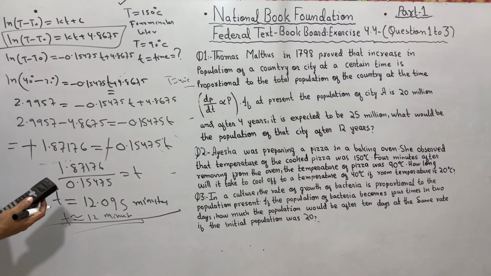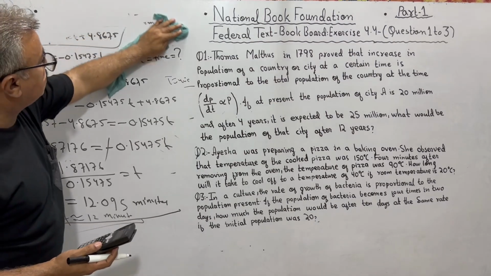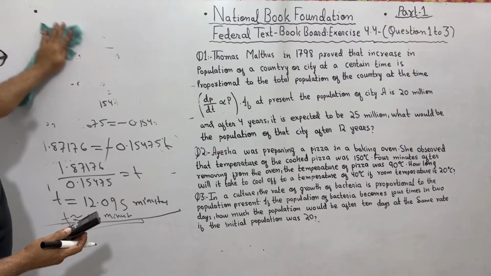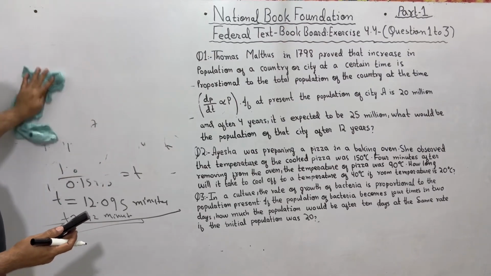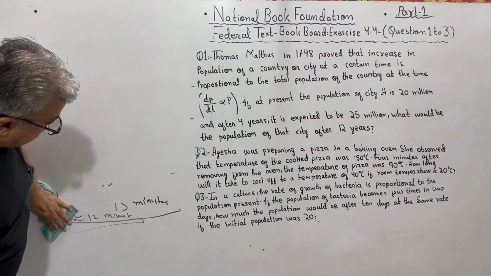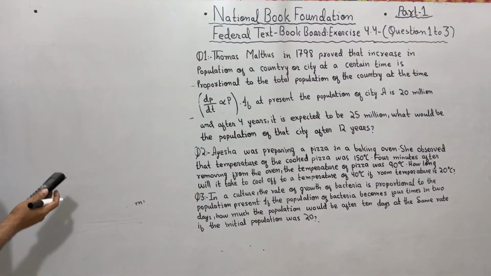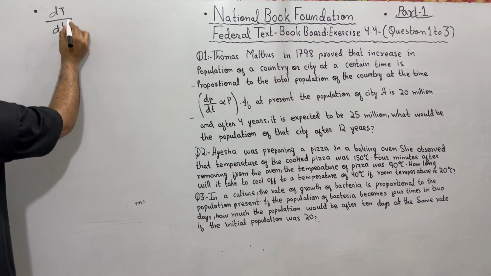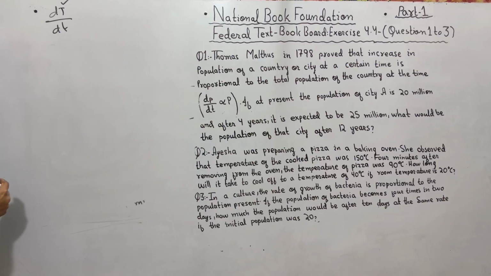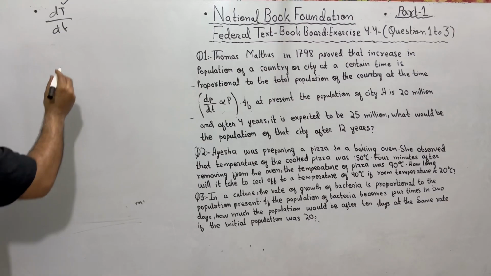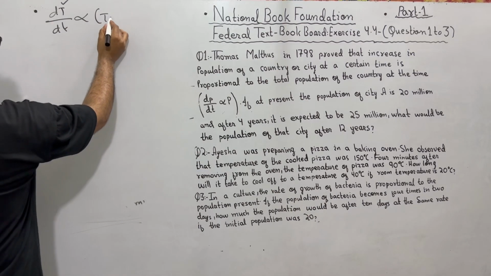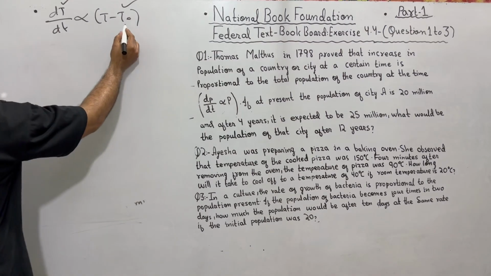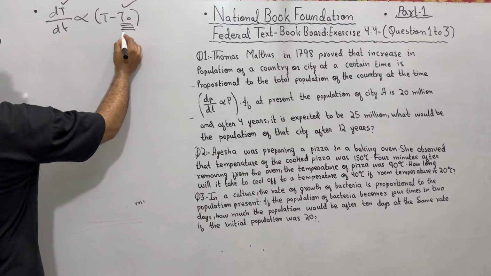Okay, let's retrace the steps, as these are wonderful applications of differential equations. According to Newton's law of cooling, the change in the temperature with respect to time, where capital T stands for temperature and small t for time, is directly proportional to the difference of the temperatures, T minus T naught. T naught is our ground state temperature, the room temperature.